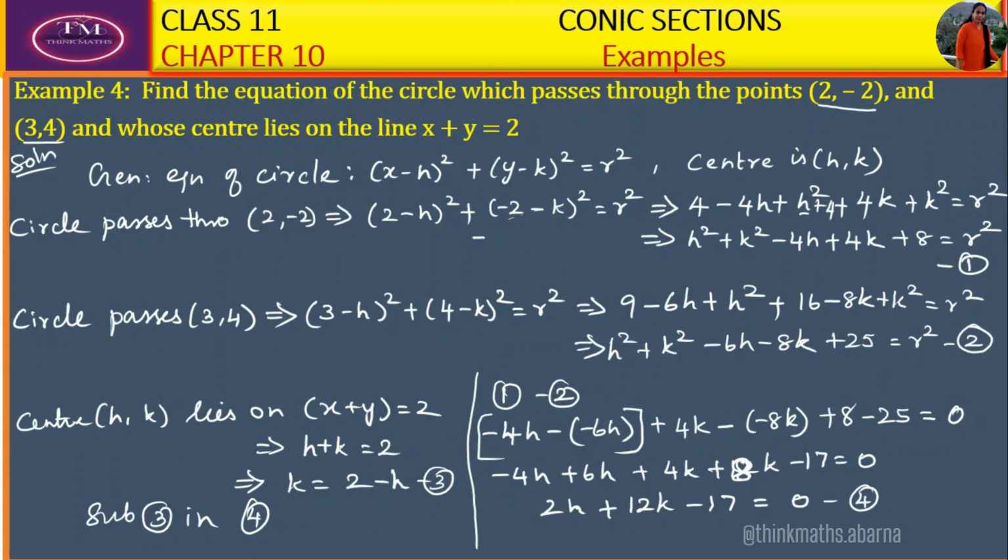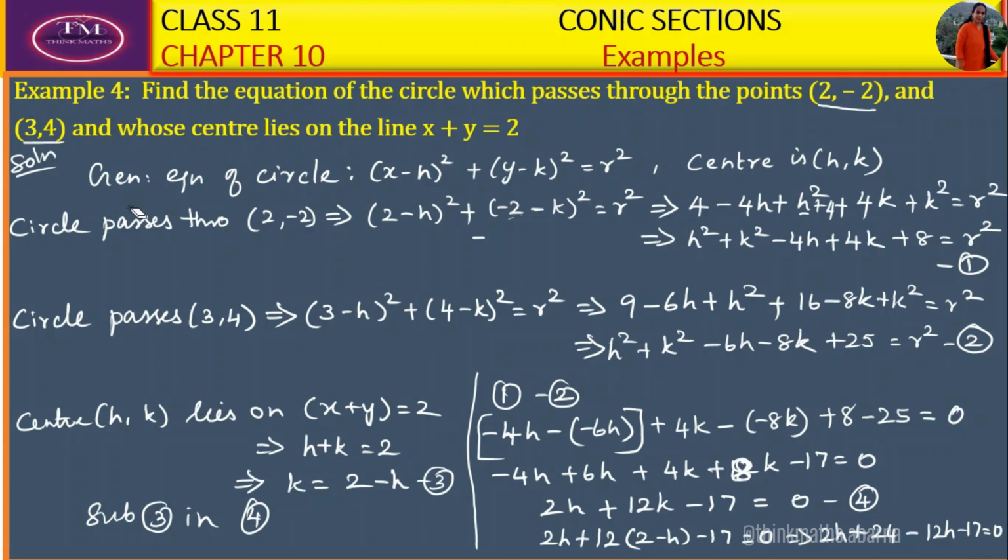So instead of k, I should substitute 2 minus h. So it will be 2h plus 12 twos are 24, minus 12h minus 17 equal to 0. So this is the equation. From this we have to get h.